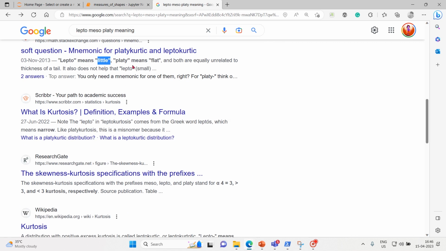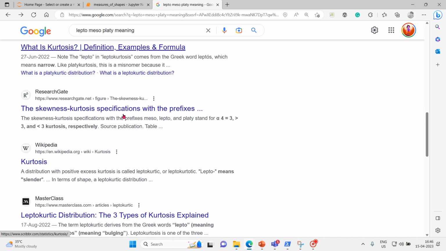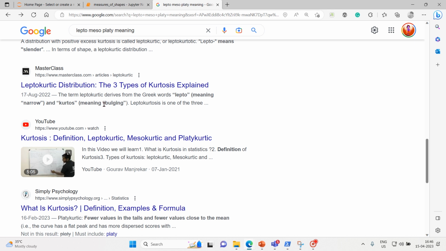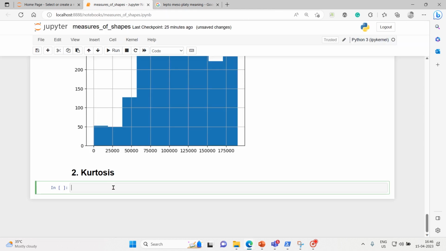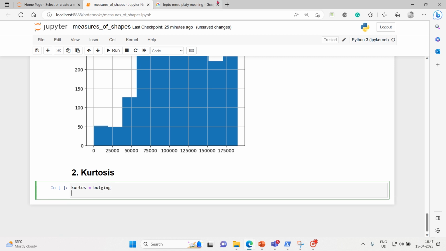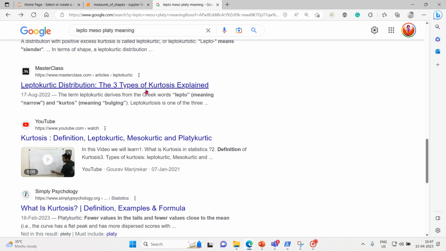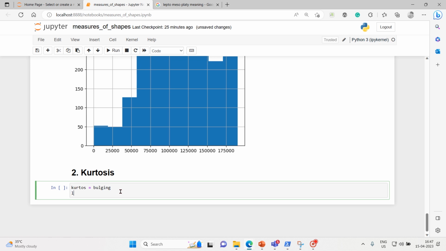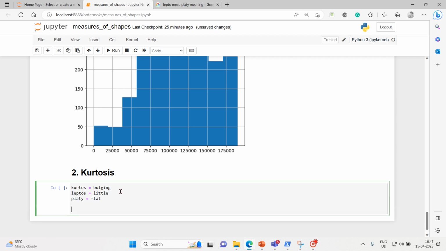Lepto means little, platy means flat, and kurtos means bulging. Kurtos is equal to bulging, and lepto means a little, platy means flat.